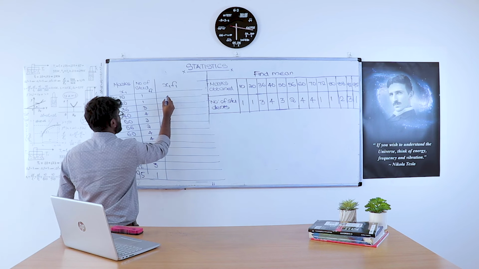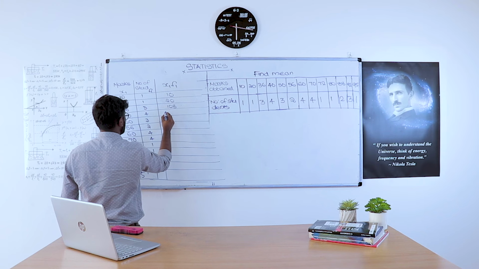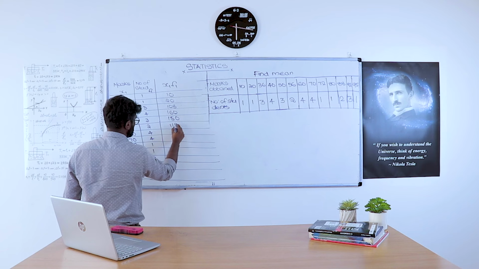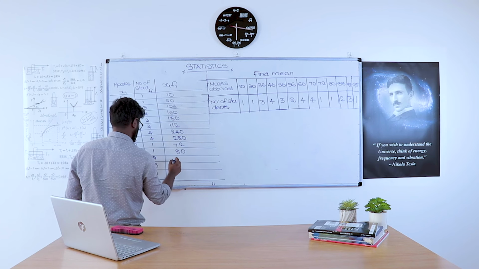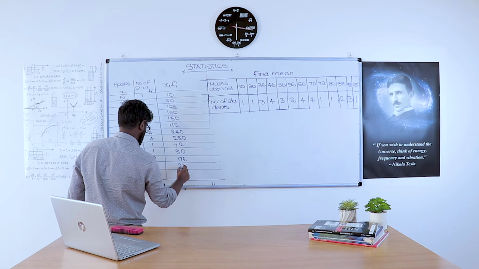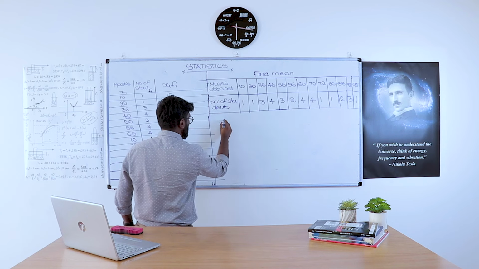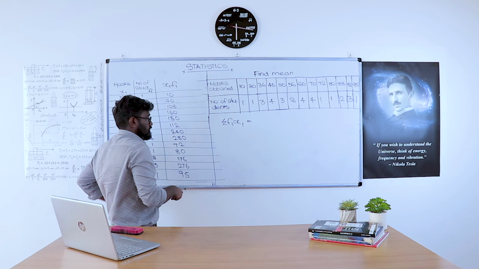Then xi fi: 10 into 1 is 10, 20 into 1 is 20, 36 into 3 is 108, 40 into 4 is 160, 50 into 3 is 150, 56 into 2 is 112, 60 into 4 is 240, 70 into 4 is 280, 72 into 1 is 72, 80 into 1 is 80, 88 into 2 is 176, 92 into 3 is 276, 95 into 1 is 95. Then we want to find summation fi xi, that is the summation of all this.